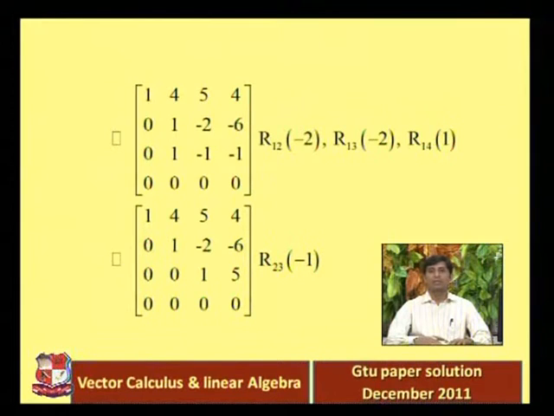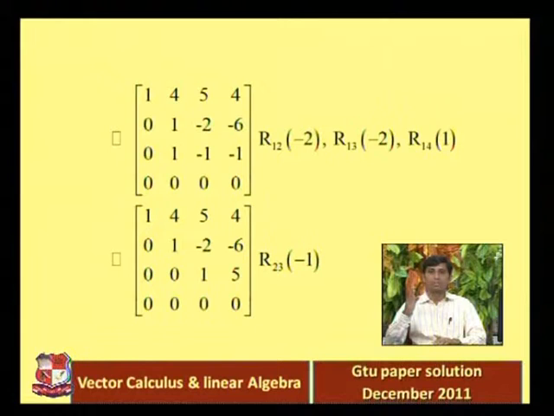So those 3 row vectors, exactly the first, second and third rows, 1 4 5 4, 0 1 -2 -6, and 0 0 1 5, are exactly the basis for the row space of A. That is what I want to explain to you.